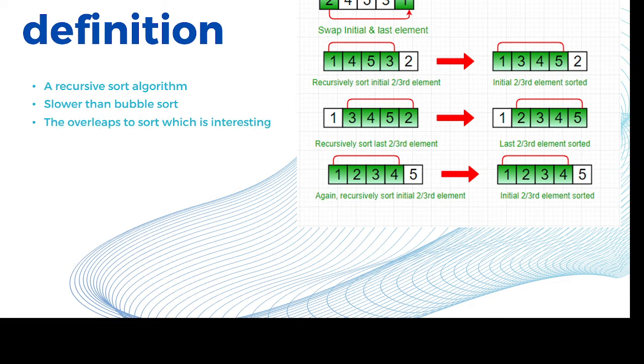But it is an interesting sort, suitable for anyone, because it is just swapping between the first and last element of the partitioned list, and I will define what the partition is here.